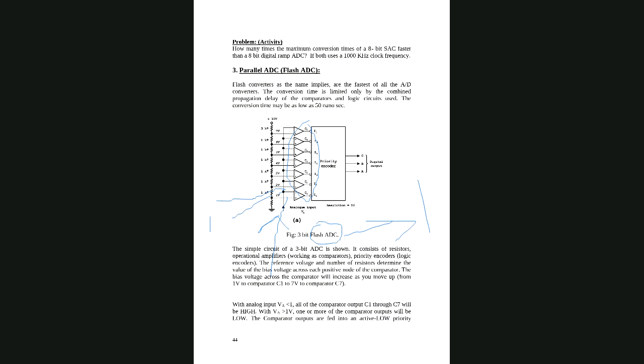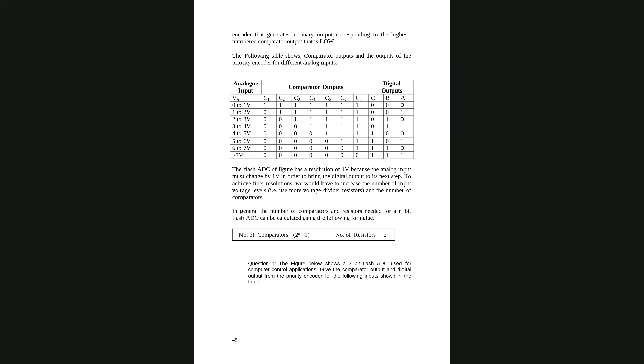Since in all cases all the positive terminals will be more than the negative terminal, because our input is at the negative and it is less than 1, all the positive terminals will be more than the input, which is less than 1. So all the comparator outputs will be 1. This is the reason I see here all 1. Is it fine now, everybody? All of you understand this point? Everyone, please.